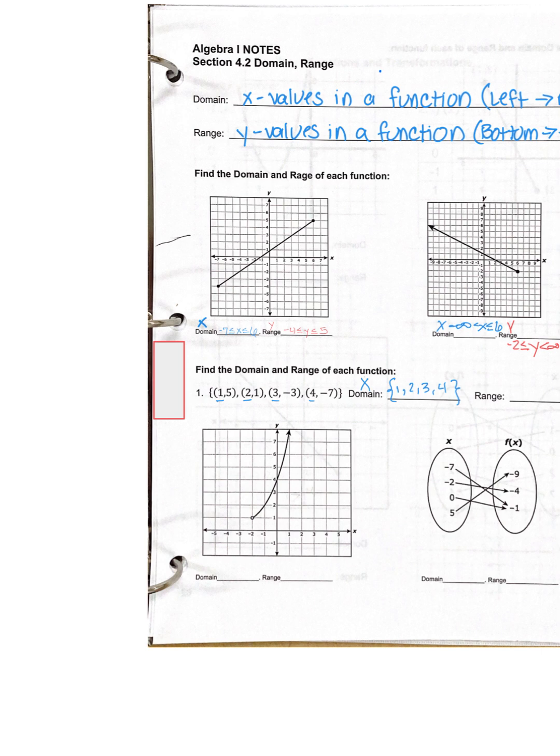For our range, we will do the same thing, but we will look at the y's. So our range are our y values. Now we will look at 5, 1, -3, and -7. So let's go ahead and write our range as a set of numbers here.